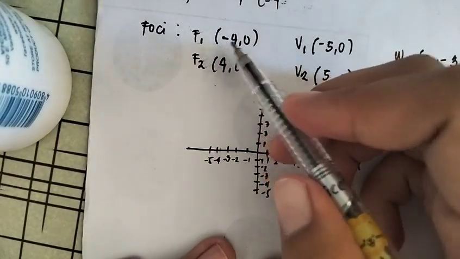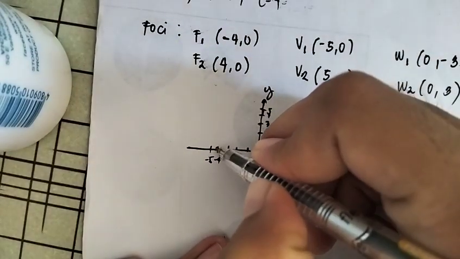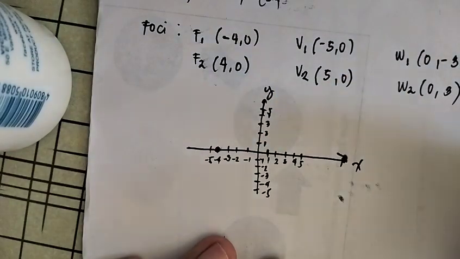So, from here, negative 4, 0. And then 4, 0.